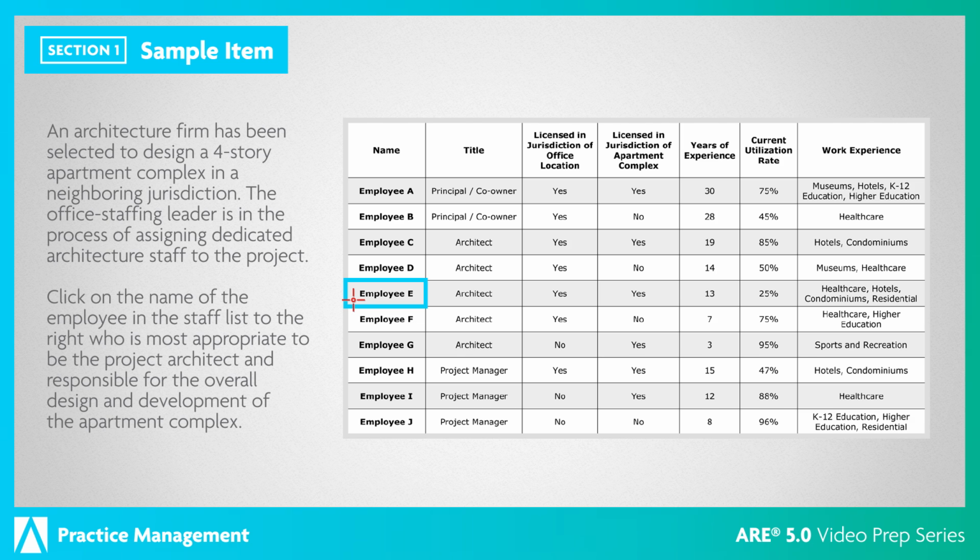The process for assigning staffing resources within an architecture firm is discussed in the Architect's Handbook of Professional Practice. First, you must evaluate staff on availability, experience, and credentials. You must also verify that the roles and responsibilities of the position align with the project requirements.